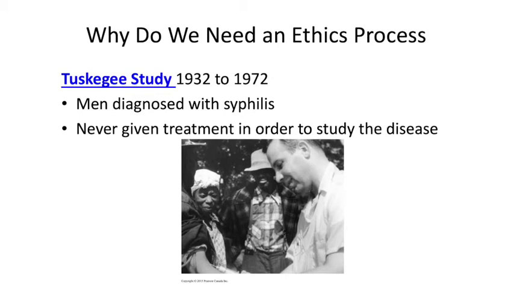The study was done with mostly low socioeconomic status Black men who suffered from syphilis, and the point of the study was to examine the effects of syphilis on the brain.